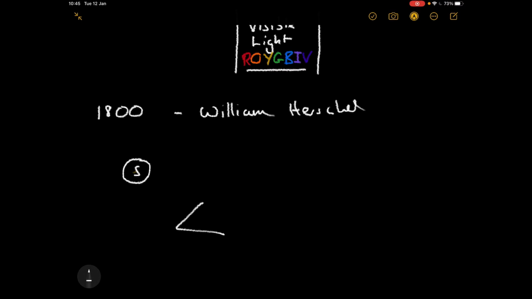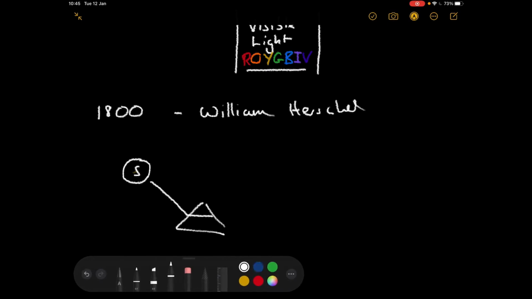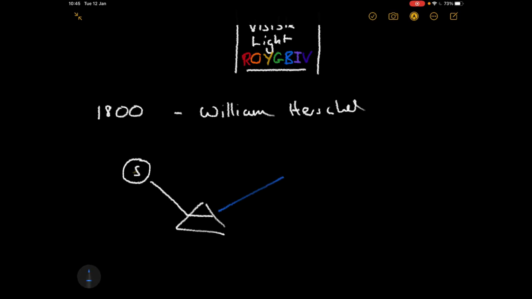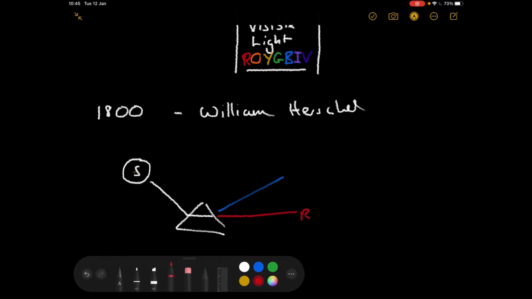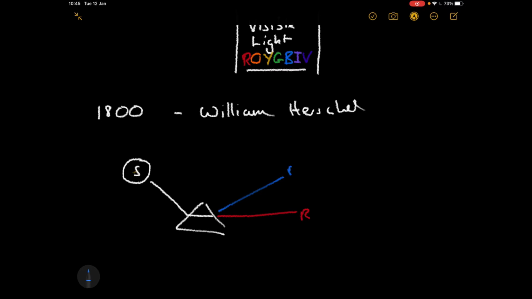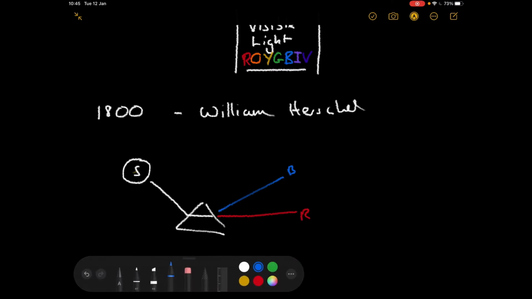He took sunlight, passed it through a prism to split it up, and you end up with the blue end and the red end. So there's your red and there's your blue, going to the indigo and violet and so on. And what he did was he said, okay, I'm going to have a series of thermometers.